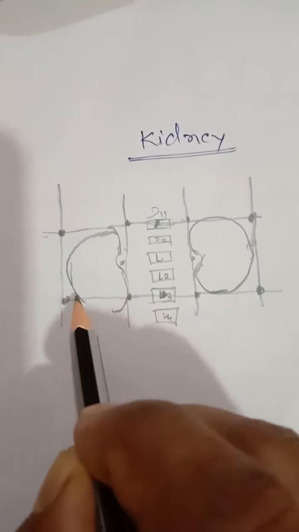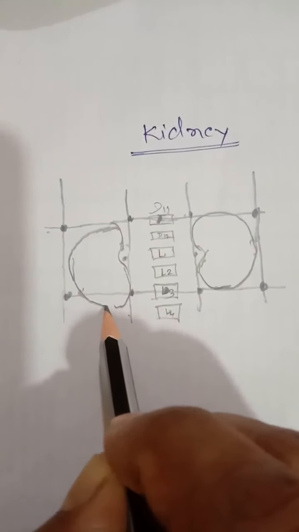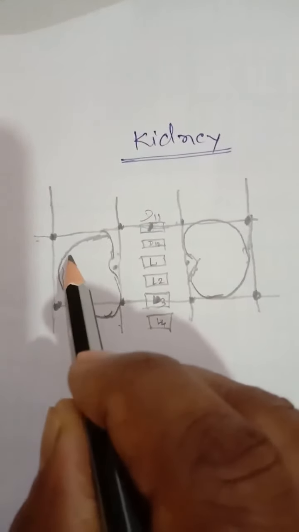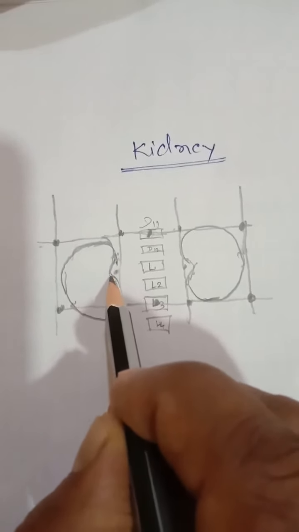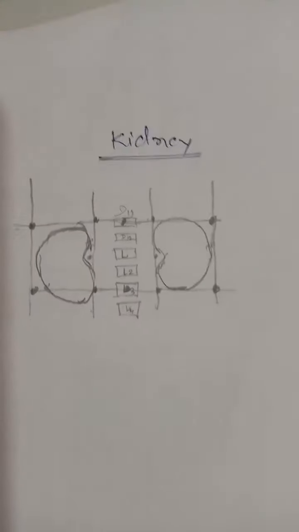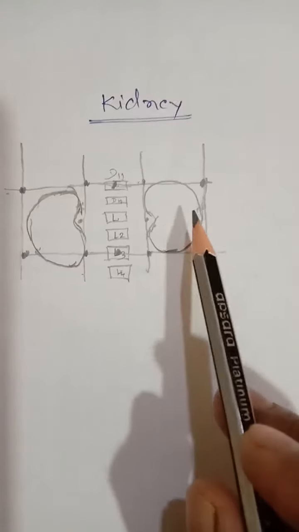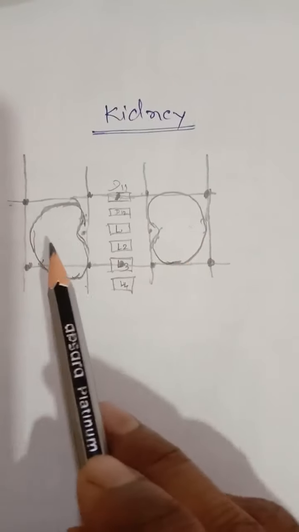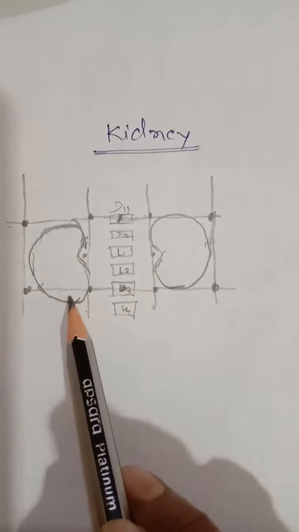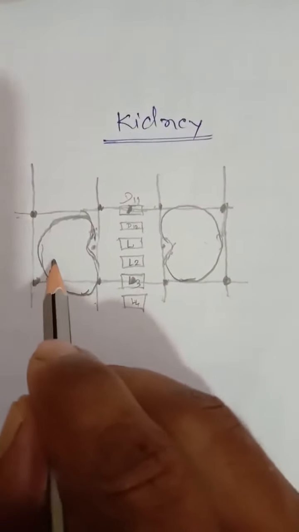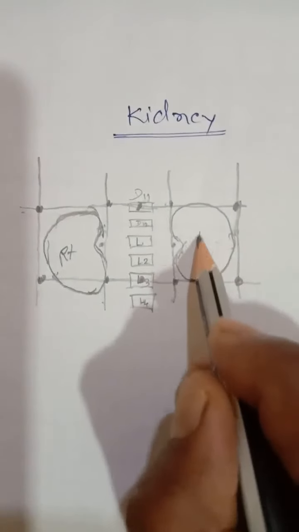So this kidney is slightly lower than the left kidney. So this is the surface anatomy of the kidney. This is the left kidney and this is the right kidney, which is slightly lower than the left kidney. So this is right and this is the left.